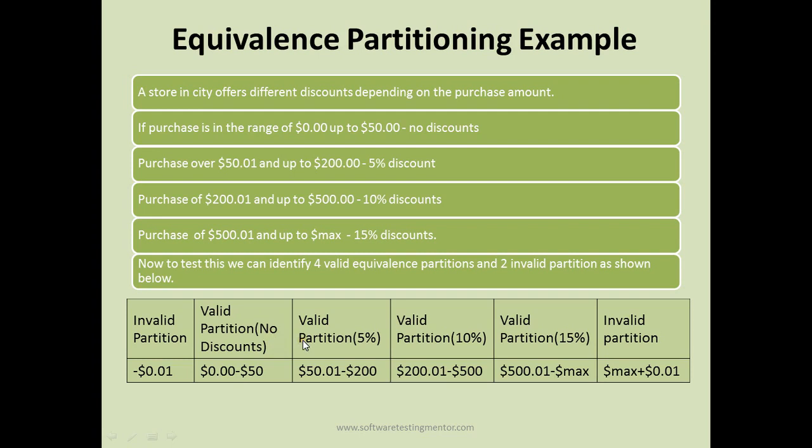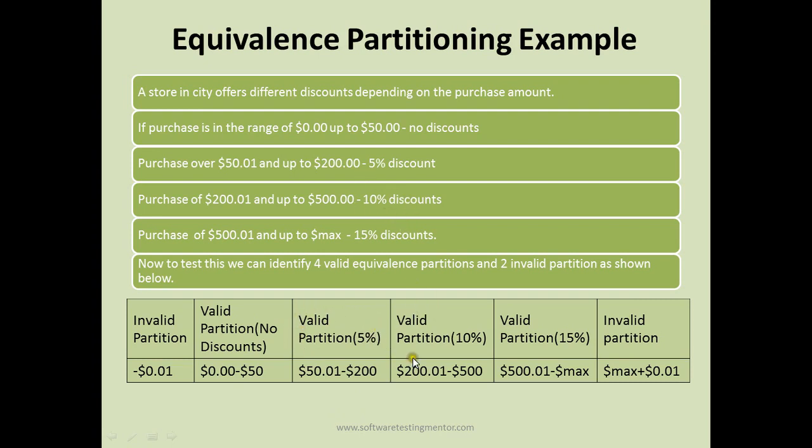All right, then the second partition will start from 50.01, so that's another partition for which you will get 5% discount. As we have taken 2 decimal places, any purchase which starts from 50.01 up to $200 will be in the valid partition of 5% discount.